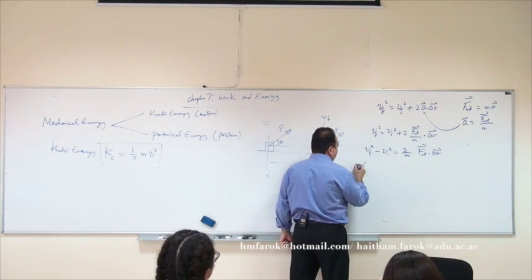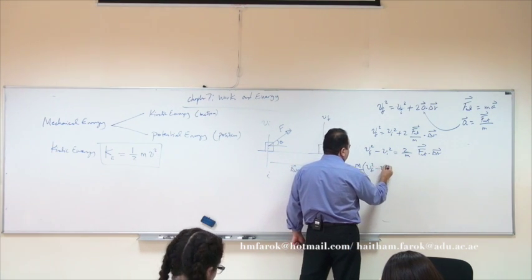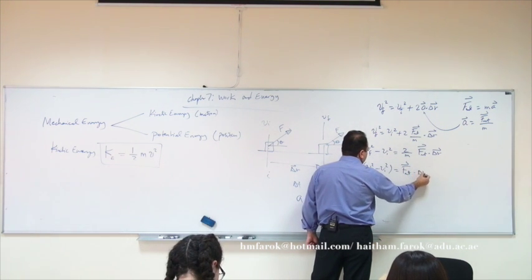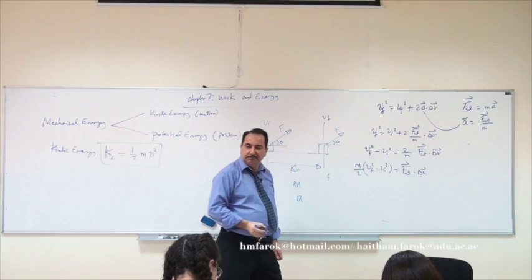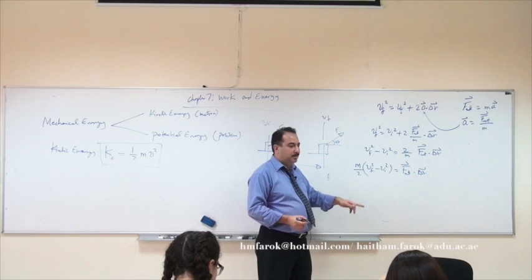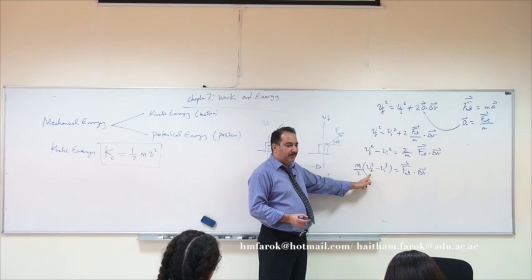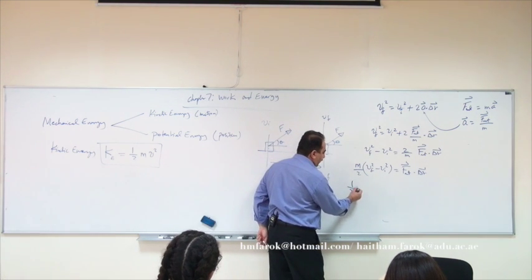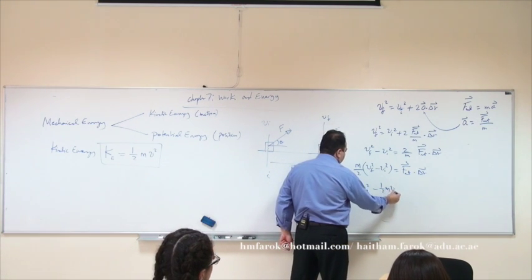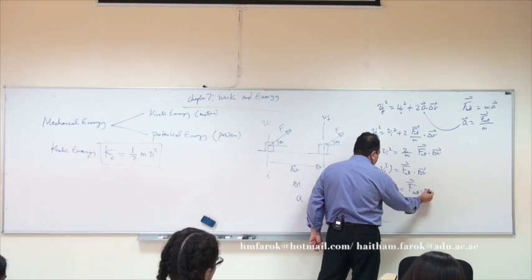So we'll have m over 2 times final squared minus initial squared, equals F net dot delta r. Open this bracket or parenthesis. So you'll have half m v final squared minus half m v initial squared equals F net dot delta r.